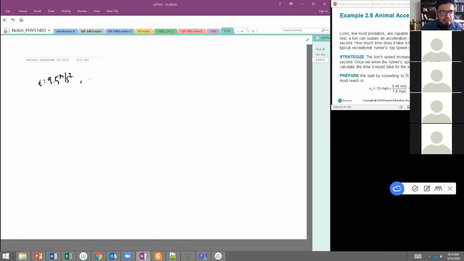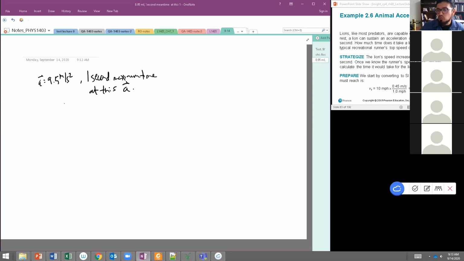So basically, it can go 1 second maximum time at this value of acceleration. So essentially, it's a real live creature. It gets tired, right? Its muscles can only give you that quick leap for like a second.